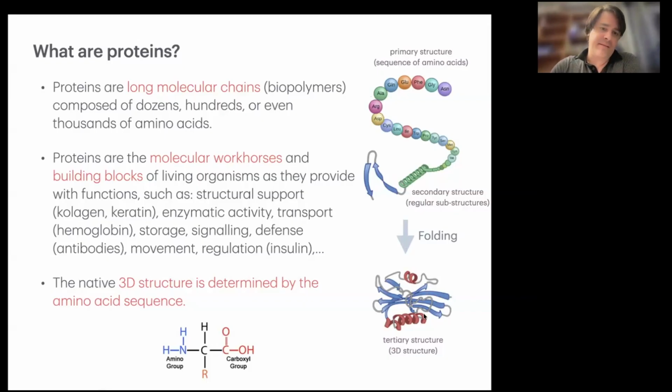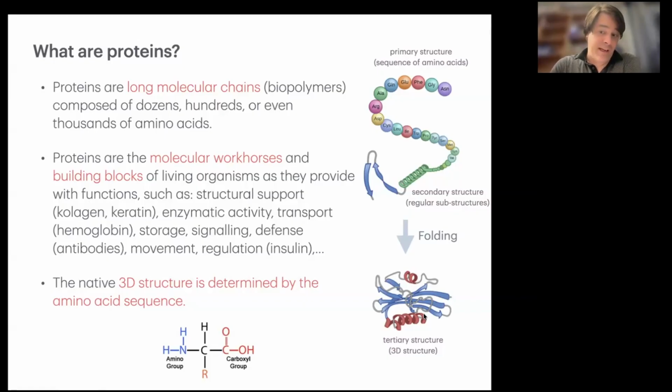Proteins are basically the building blocks of life. Their functions are, let's say, structural support, collagen, keratin, enzymatic activity, transport, storage, signaling, defense, movement, regulation. So it supports all kinds of building blocks of life.